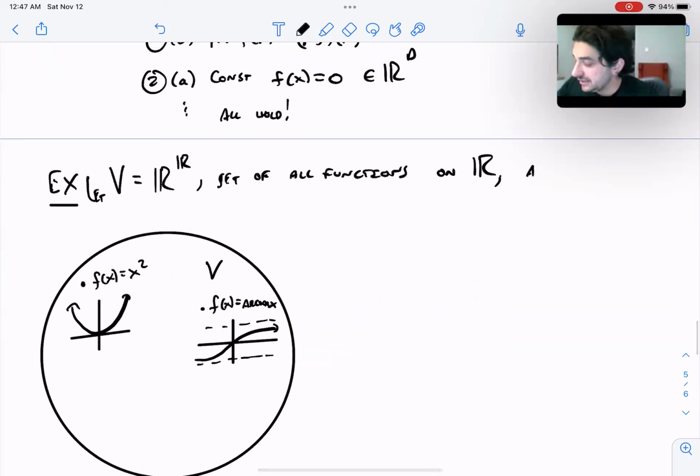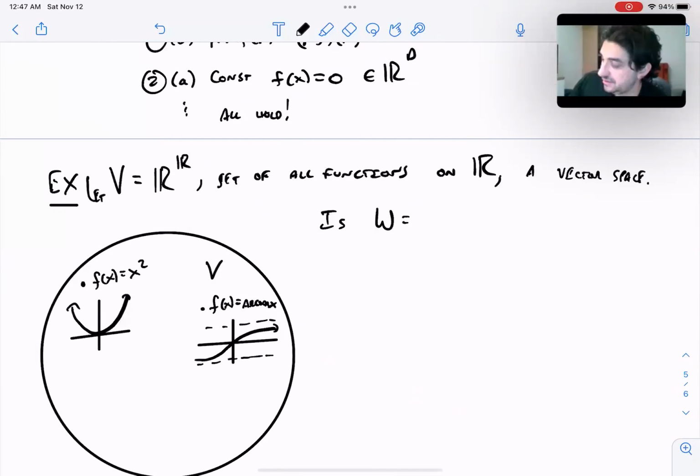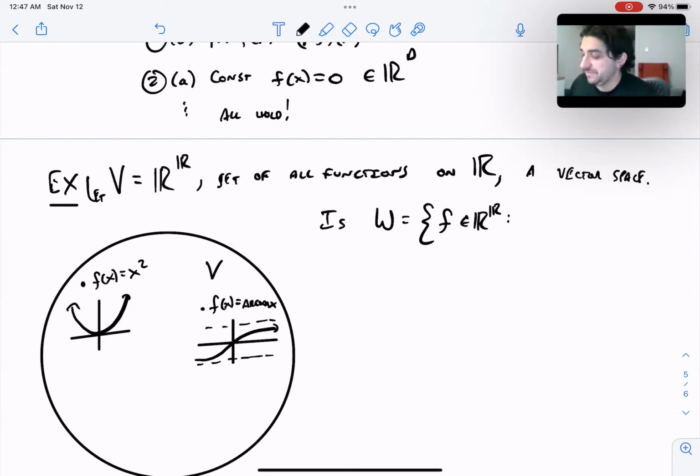So let's now say, we're given that this is a vector space, and then we can ask ourselves this. Let's say W is the set of all functions f in this V such that f double prime minus f equals 0.